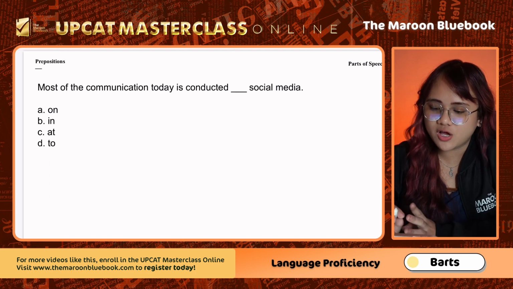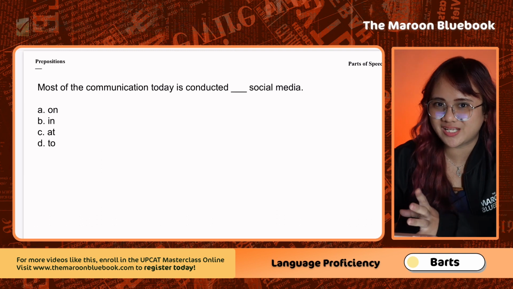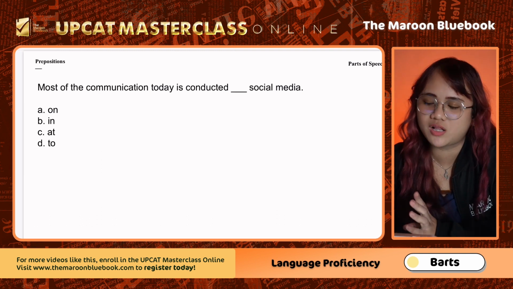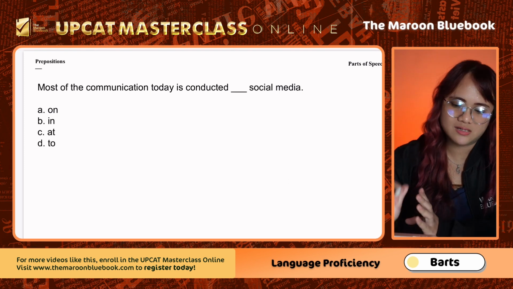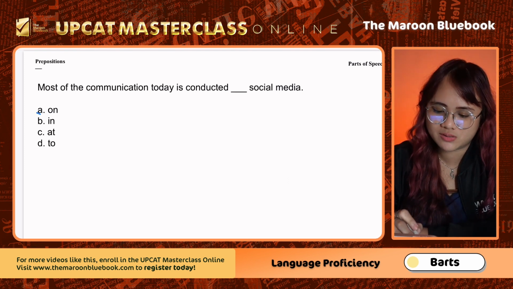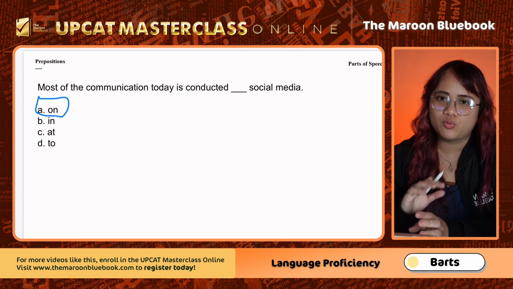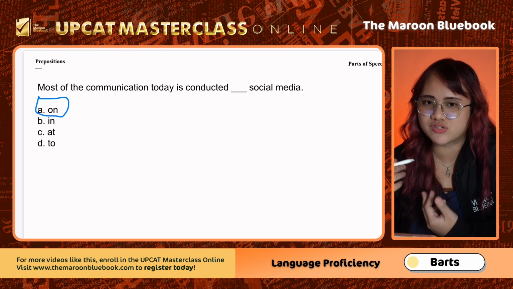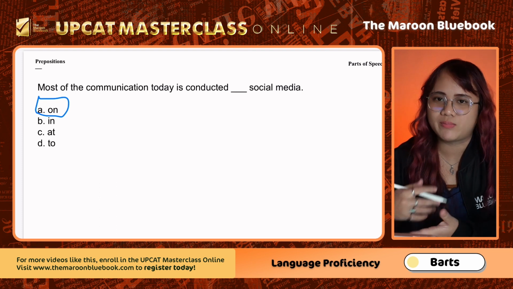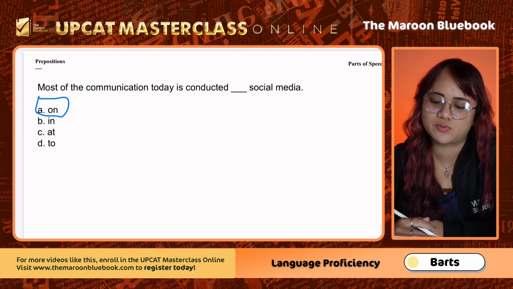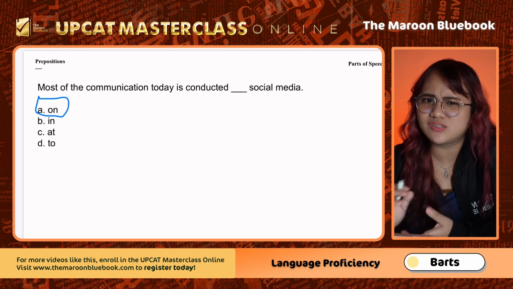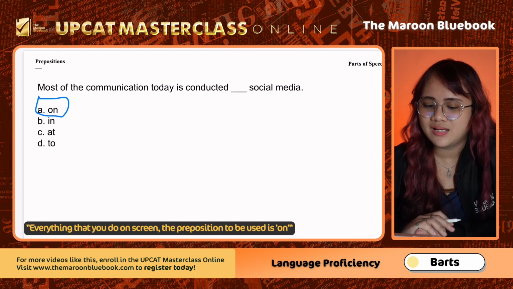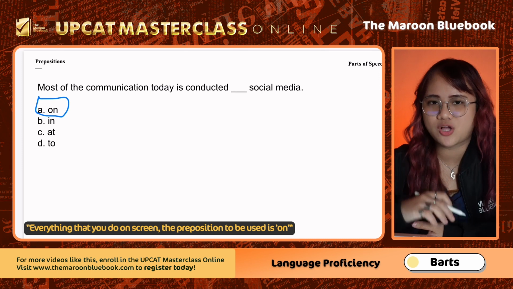Now, based on research, like based on the changes in the English language because of technology, it is correct to use the preposition on during activities that you do on the screen. So like browsing on social media, browsing on Instagram, on Facebook. So that's all that you actually need to remember. Everything that you do using the screen, the preposition to use is on.